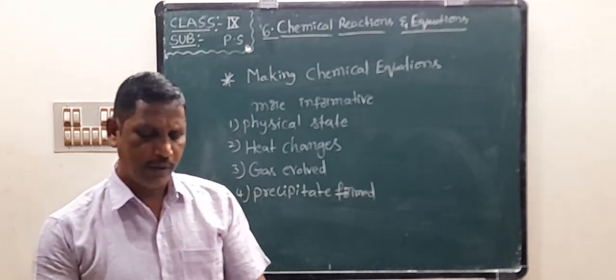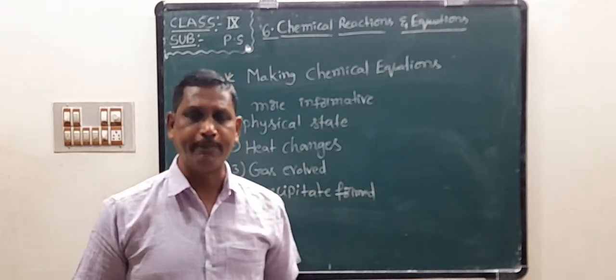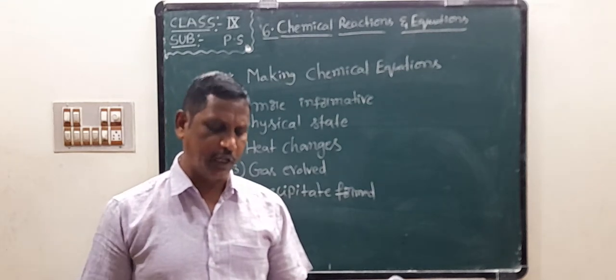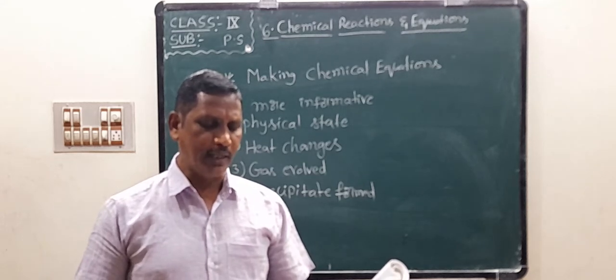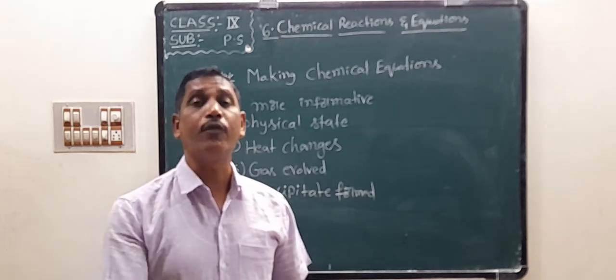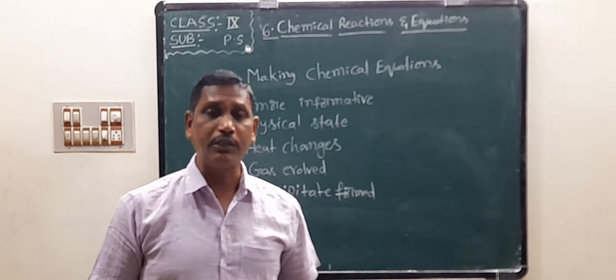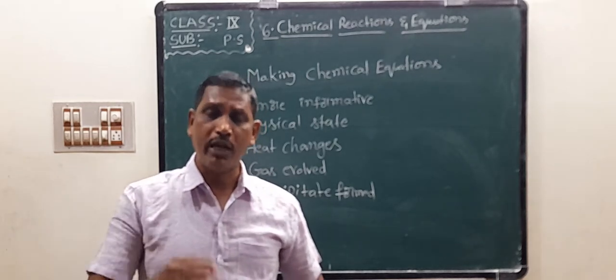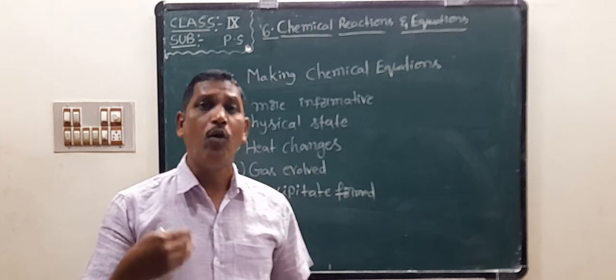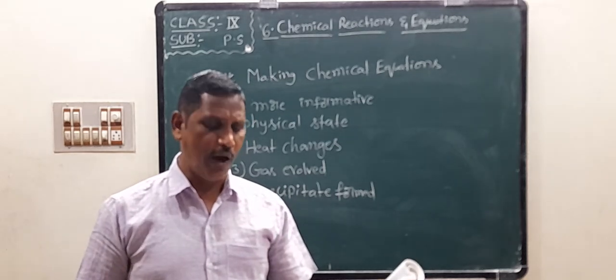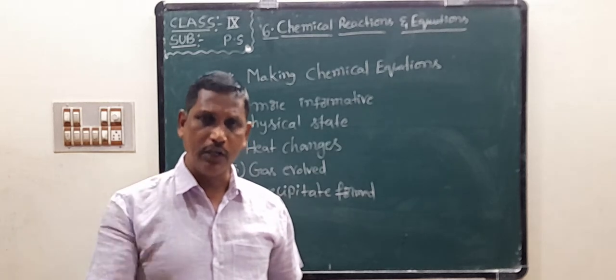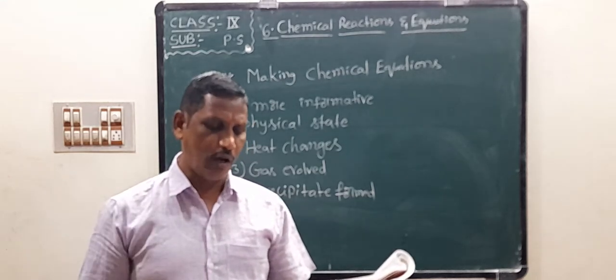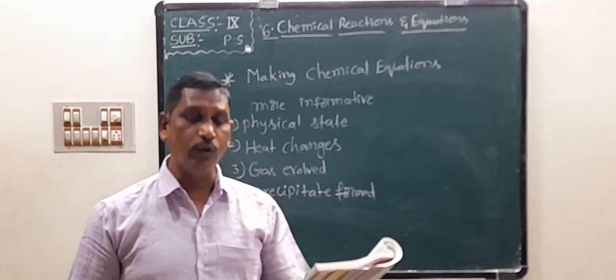First one, expressing the physical state. To make the chemical equation more informative, the physical state of substances may be mentioned along with their chemical formulae. The different states, that is a gaseous state, a liquid state or a solid state, are represented by notations.